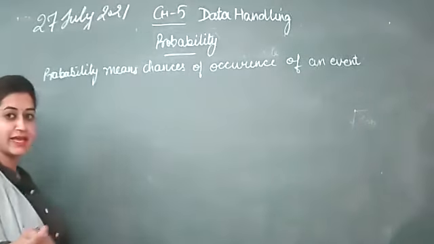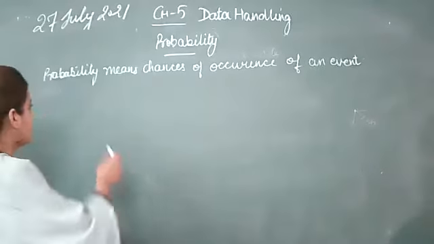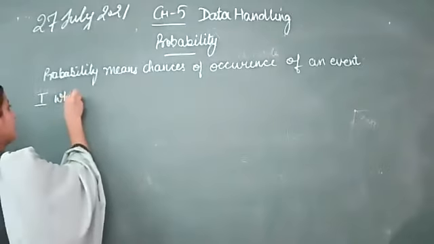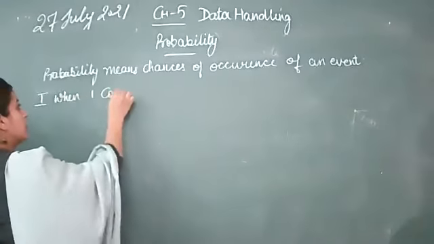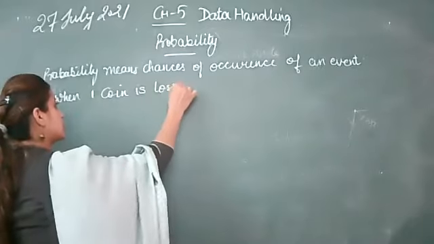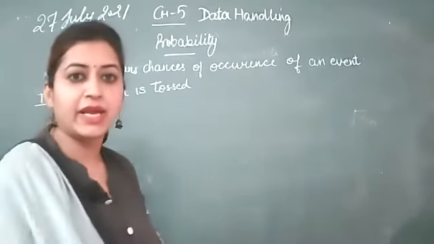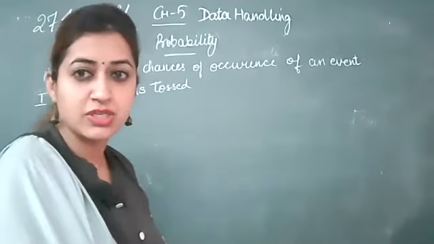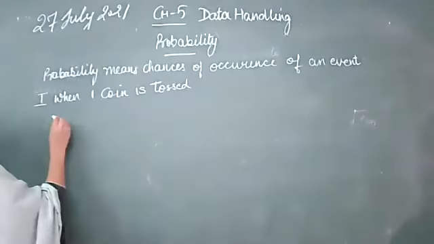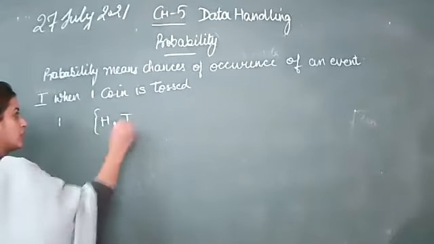So before starting the exercise, we have many things to discuss in this chapter. First case is when one coin is tossed. We have tossed one coin, and when one coin is tossed, you can have two things. Either it will give you head or it will give you tail. Is it so?